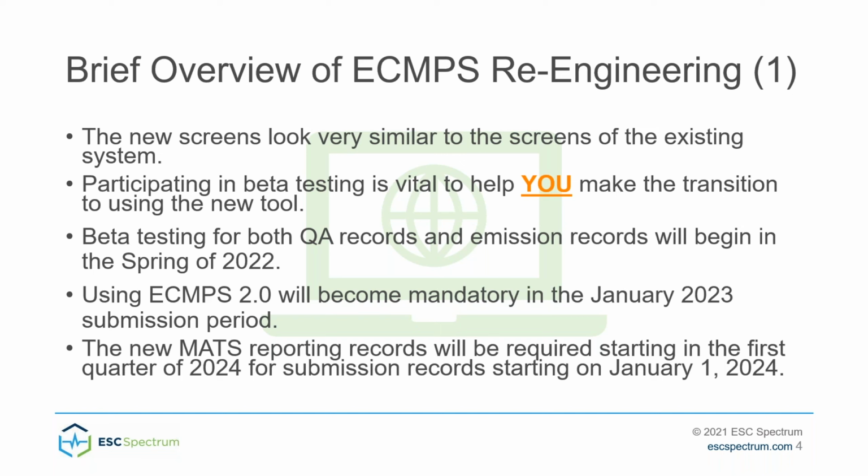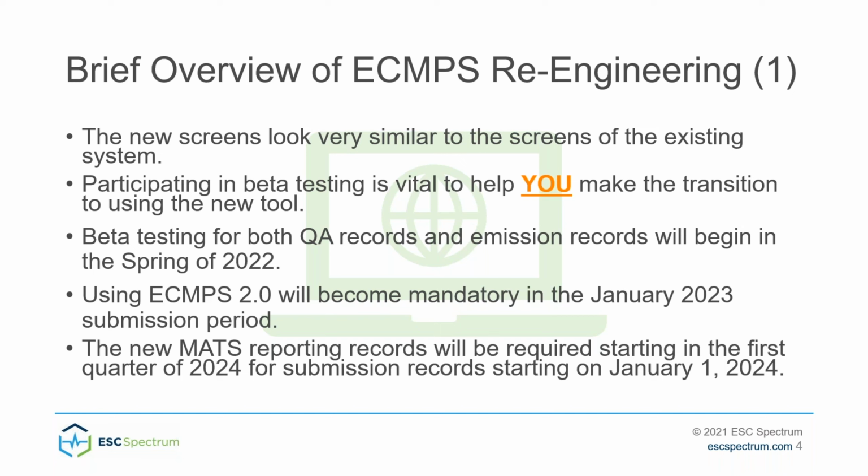doing any sort of QA testing like GRADAs, linearities, and things like that in 2023, you'll be able to use the ECMPS tool to upload and submit those records to the EPA's host computer system using the new system in 2023.